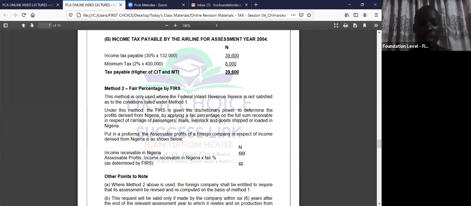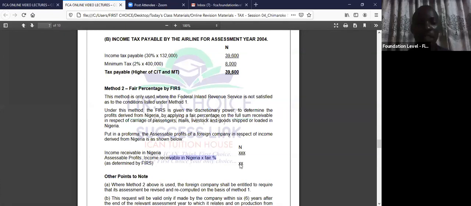So if you see it here, this is the fair percentage that is used to multiply with your Nigerian income to get what they call assessable profit.